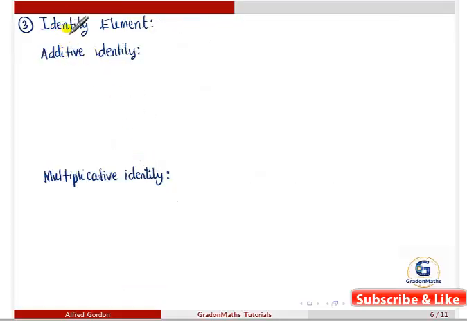We also have the identity element, and for the identity element we have the additive identity. We know even from year 1 that the additive identity is that element that when you add to any given element gives you the element back. So we took 0 to be the additive identity.